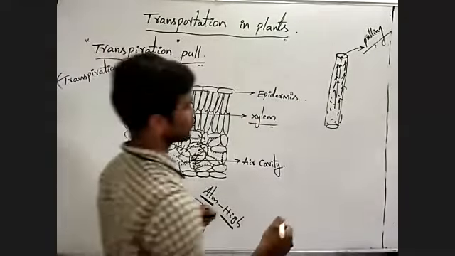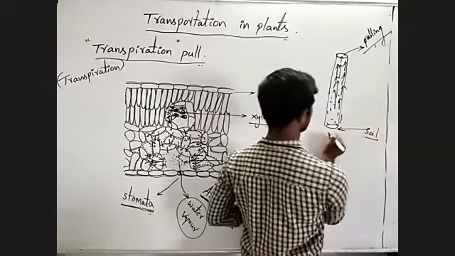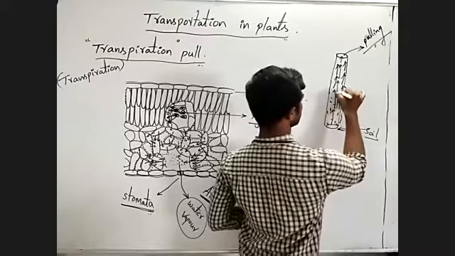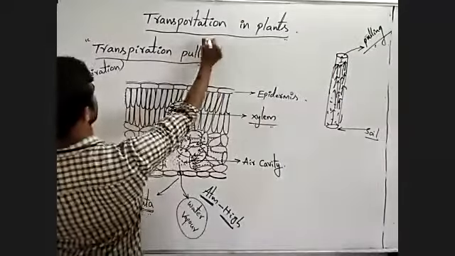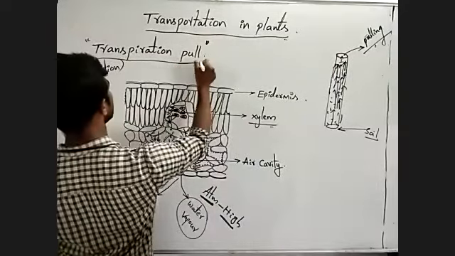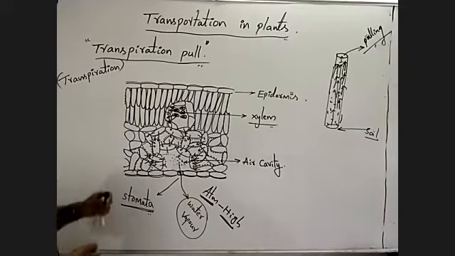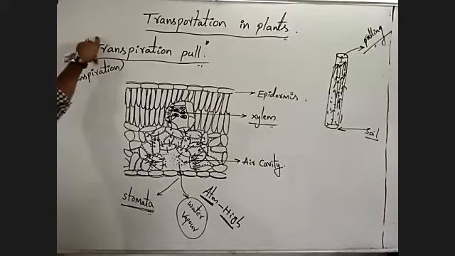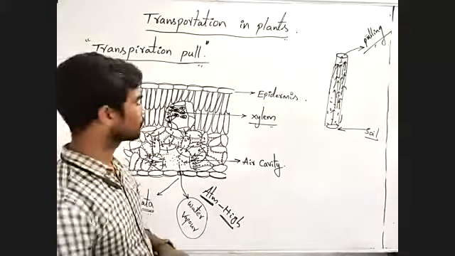Like this, absorbed water from the soil is pulled in an upward direction by transpiration pull. Understanding? Observe carefully. Important. It is also involved in translocation of water from the xylem of roots to all other body parts.